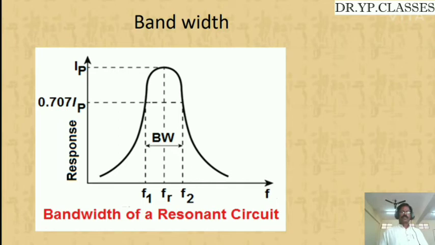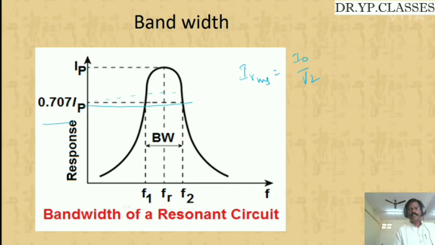At the value of IRMS, which is equal to I naught by root 2, you plot a straight line here, and this line cuts the graph at two different points, and at the two points you draw vertical lines.